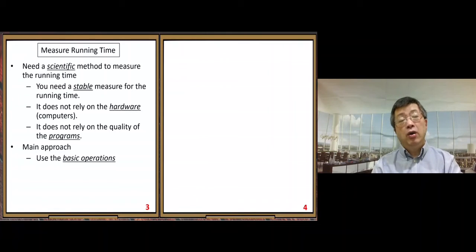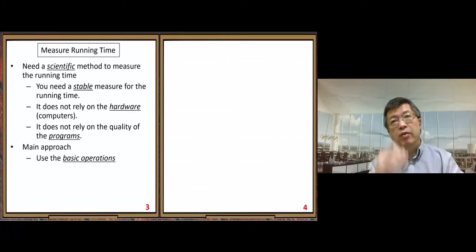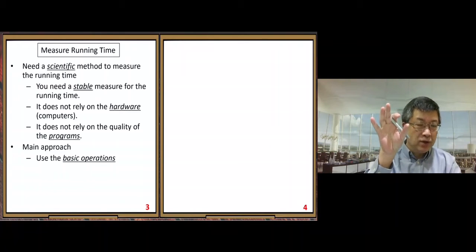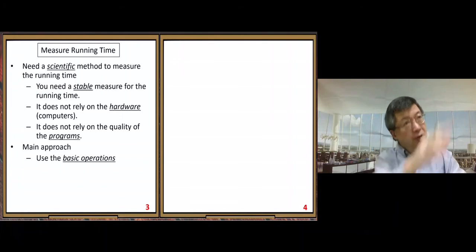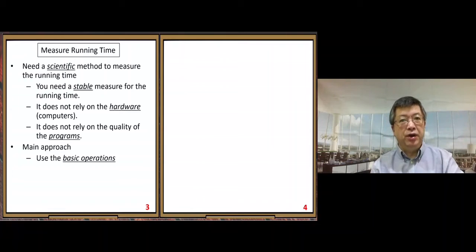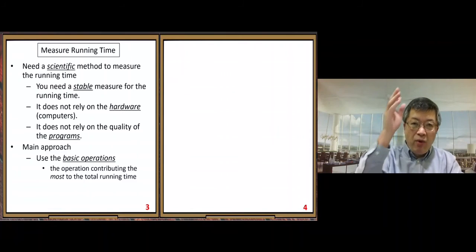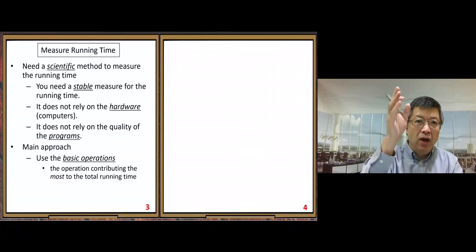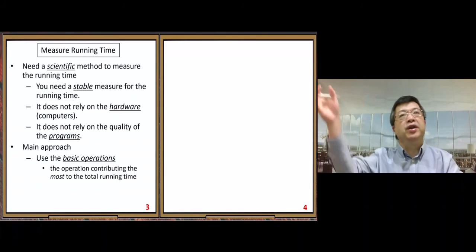Basic operations. We can use many different operations, but we pick the basic ones. So what do you mean by basic operation? How do you define basic operations? So we want to give more description of it. The operation contributing the most to the total running time.